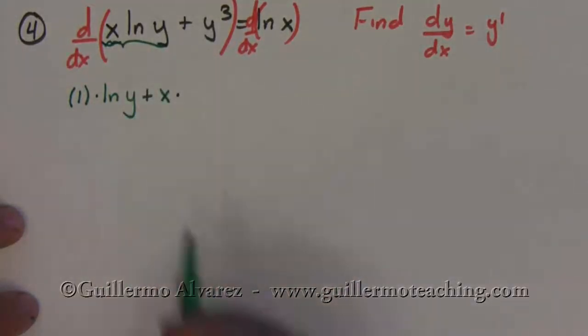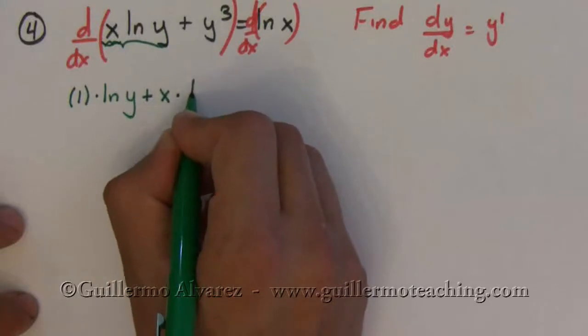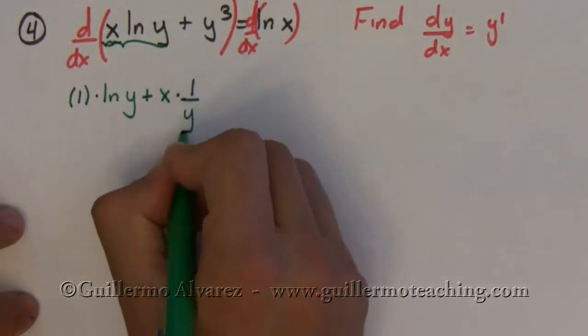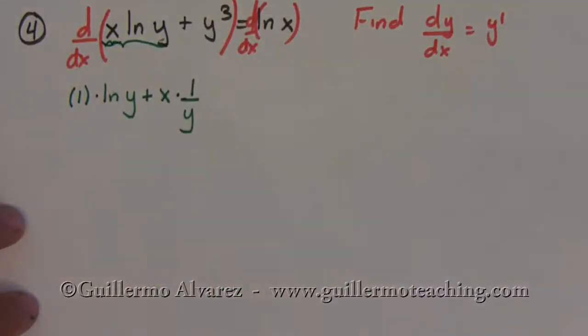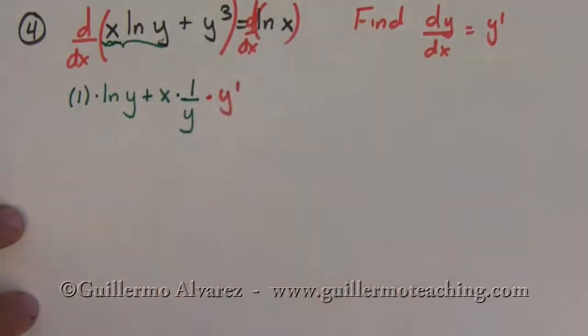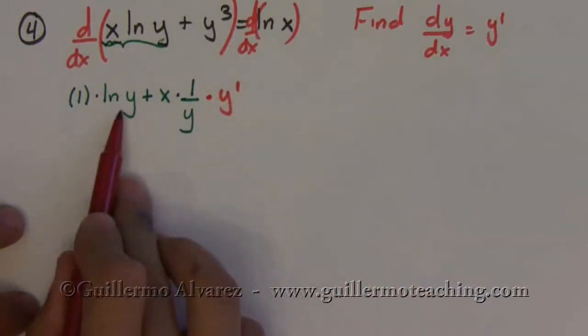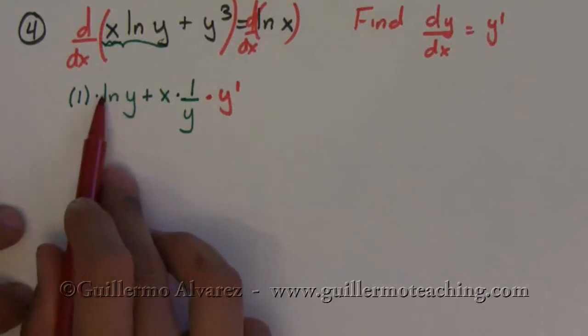Now here, well, the derivative of natural log of y, this is just 1 over y. But since y is a function of x, we have to multiply by y prime. Now we didn't do that back here because we didn't get the derivative of natural log of y.